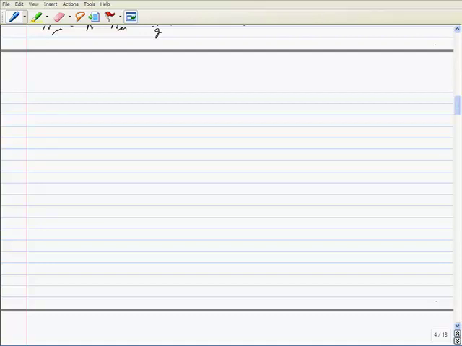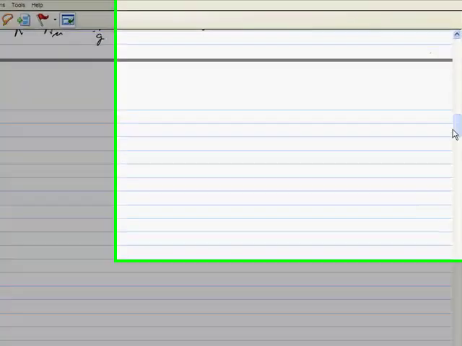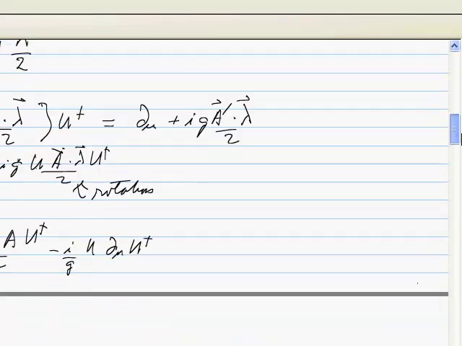The only thing we haven't done is I haven't shown that this term here is Hermitian and traceless.